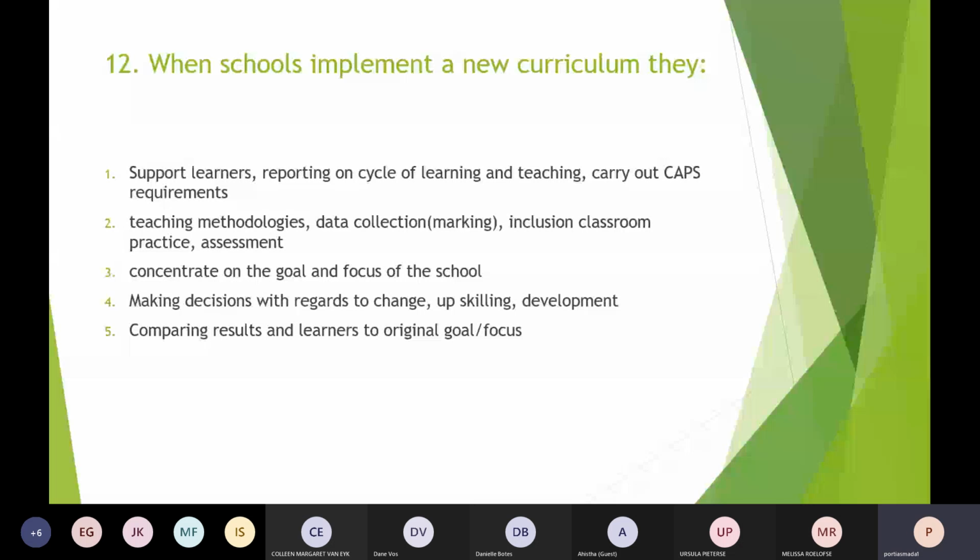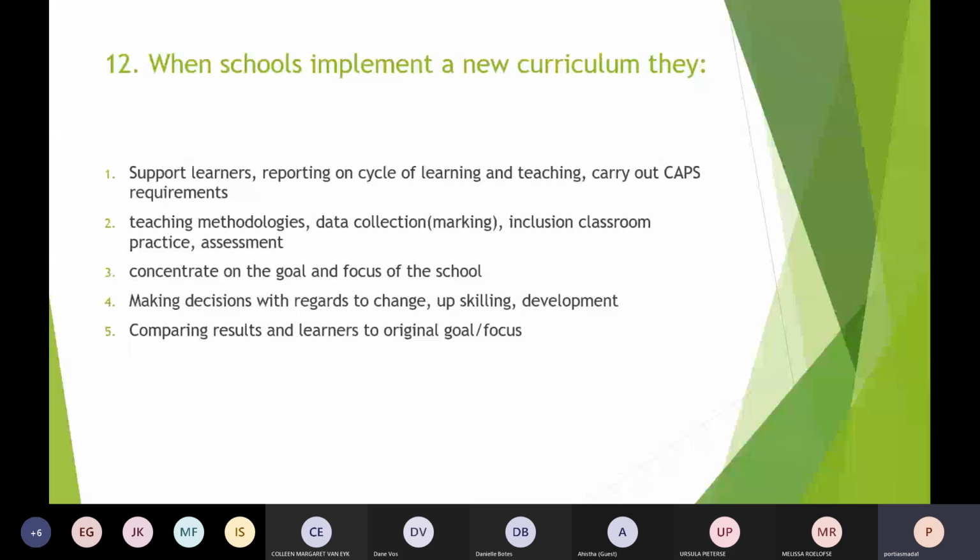And number 4, making decisions with regards to change, upskilling and development. That has to do with the reflection when you reflect on the curriculum, whether it worked or not. And when you compare the results of the learners to the curriculum or to the goal or the focus you have in mind, that is normally when you do your reporting.